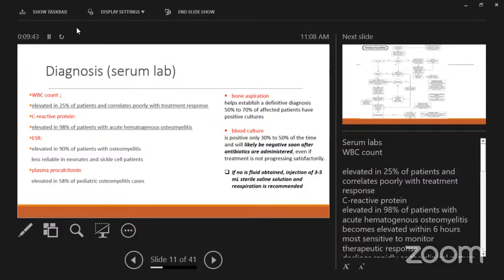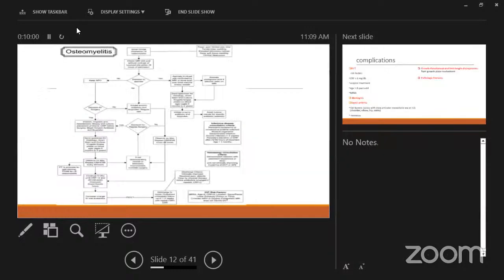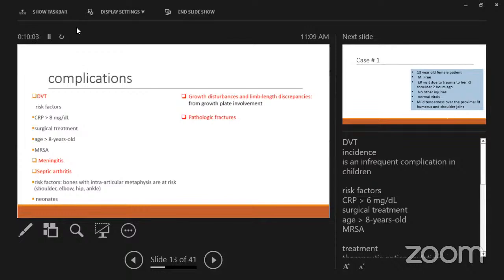If you wanted to do an aspiration and you can't find fluid, especially in the septic joint, you can inject 3 to 5 milliliters of sterile saline and then re-aspirate. Complications of osteomyelitis: DVT, with risk factors CRP more than 8, surgical treatment, age more than 8 years, MRSA; meningitis; septic arthritis, especially in neonate patient, and bones with intra-articular metaphysis, we know shoulder, elbow, hip, and ankle.